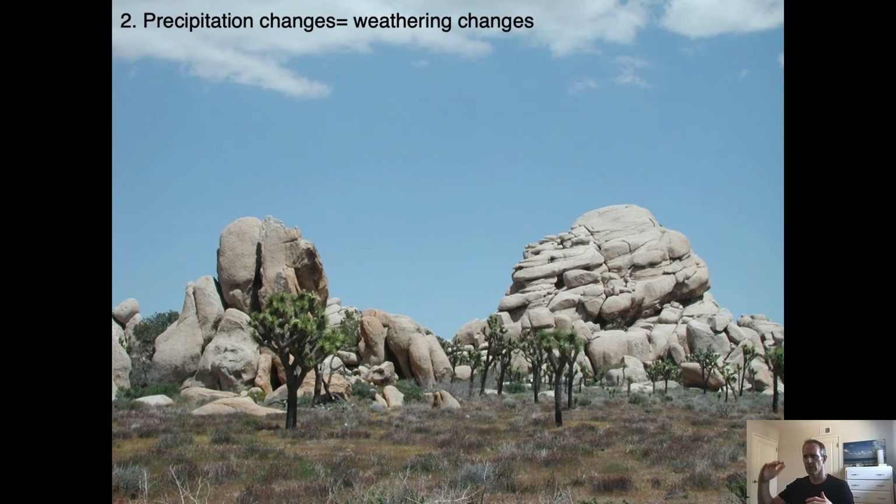And then changes from wet to dry can have big, drastic, quick effects on the landscape. So topography like this that you see out in Joshua Tree, where you have these rock mounds exposed, well, these were originally formed through chemical weathering underneath the ground surface. So the ground surface would have been up here, and this would have been surrounded by degraded material, soil.